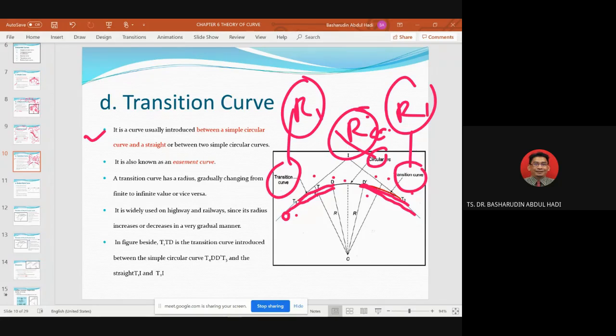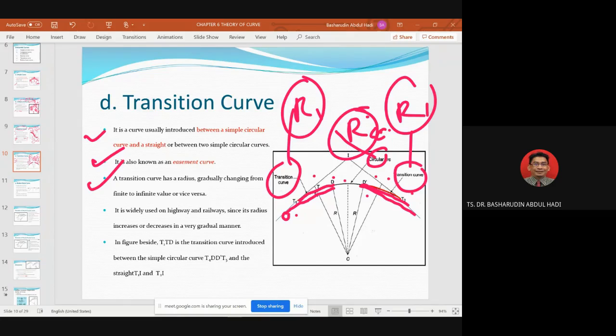It is a curve usually introduced between a simple circular curve and a straight, or between two simple circular curves, and is also known as the Eisenman curve. You want to make sure your curve is very safe and easy for the driver.